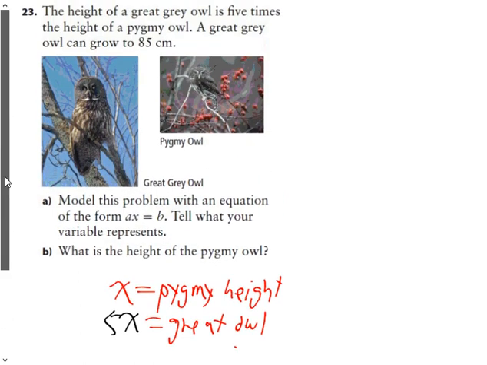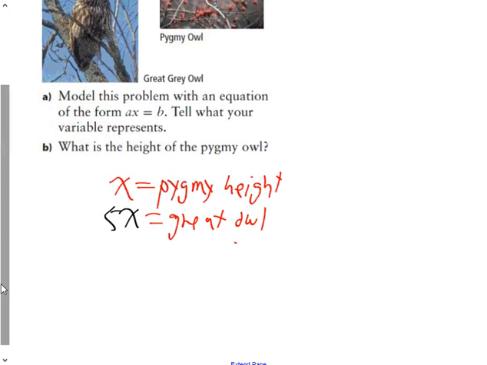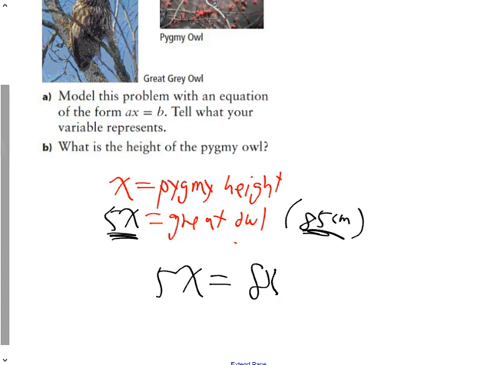How tall, which one do we know? Do we know the great owl or the pygmy owl? The great owl is how tall? 85 centimeters. So this expression and this height are the same thing, which means the great owl's height as an algebraic expression and the actual height of 85 centimeters is the equation we're going to use.